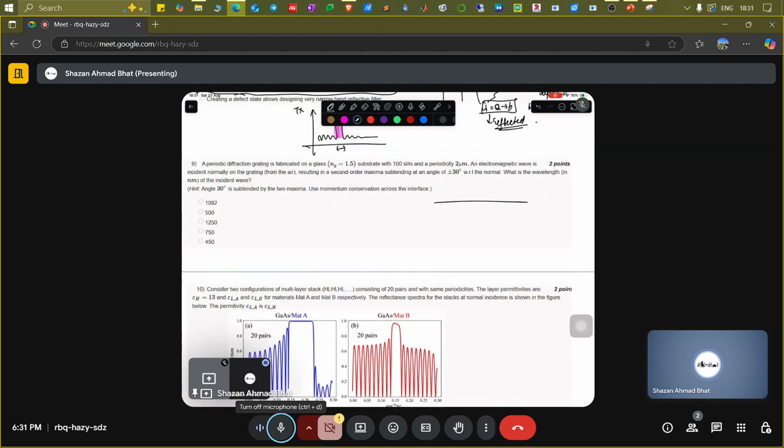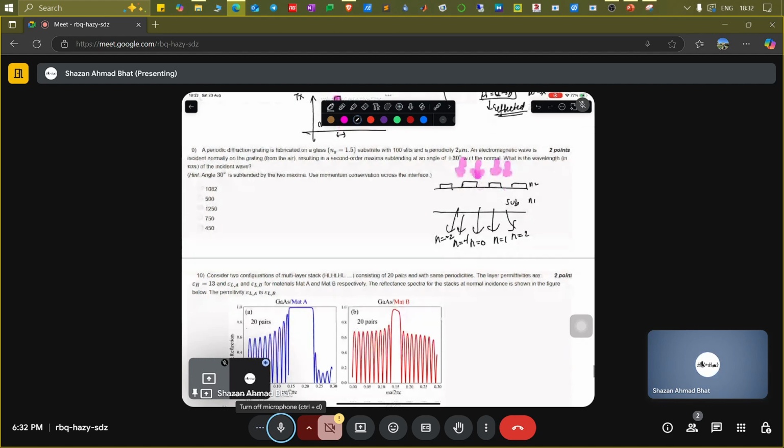So the diffraction grating is just like if you have some substrate and certain other refractive index materials, let's say this is N1 and these are N2, then if you shine some light, there'll be diffraction patterns with n equals 0, n equals 1, n equals 2, n equals minus 1, n equals minus 2. Just like if you have a prism, you shine some white light. White light basically consists of all colors.